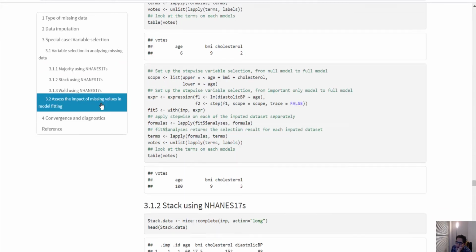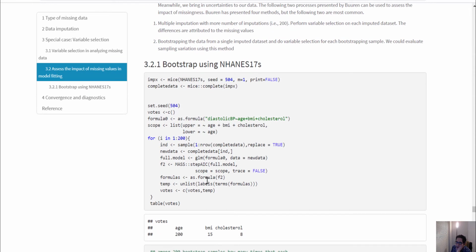So if you are using Bootstrap, do not confuse it with the multiple imputation rule, because they can lead to very different covariate lists out of the stepwise.